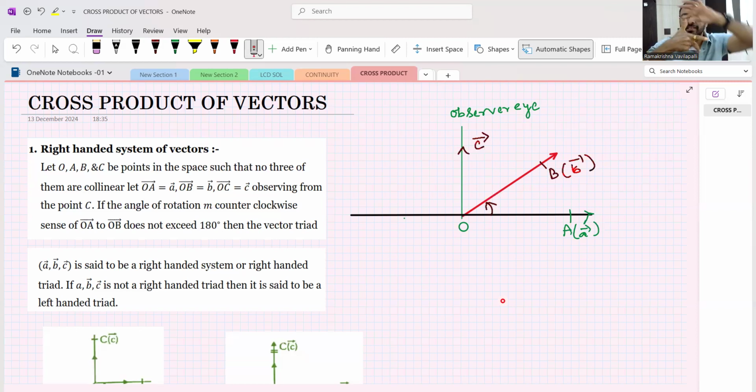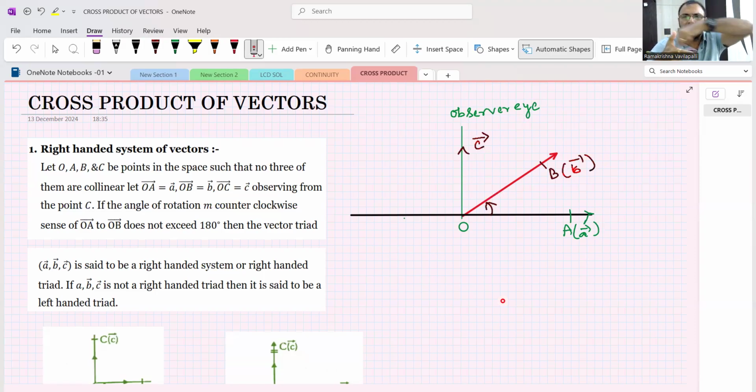Like this. This is the A bar vector, this is the B bar vector, this is the C bar vector. The rotation angle should not exceed 180 degrees in the anti-clockwise direction.